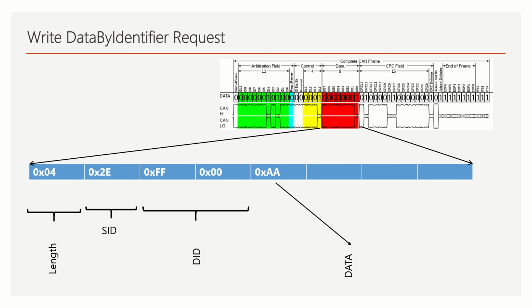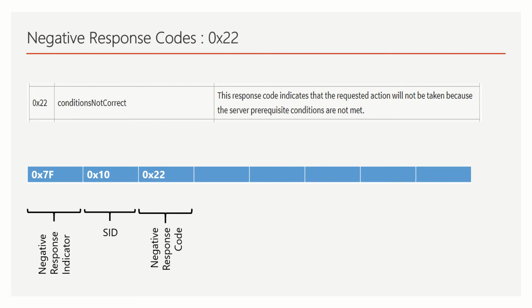Next, let's say we have this request 04, which is write data by identifier. Here 04 is the length, 2E is the service, then the data identifier FF00, and here is the data. If we send this request and we are not allowed to write on a particular DID, or there could be another issue, such as needing to first go to the extended session and only then execute it.